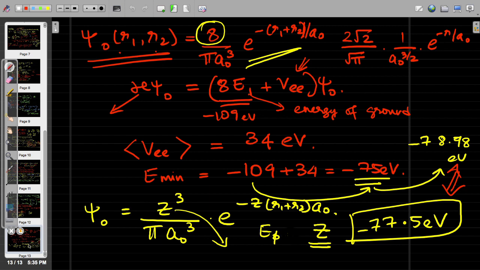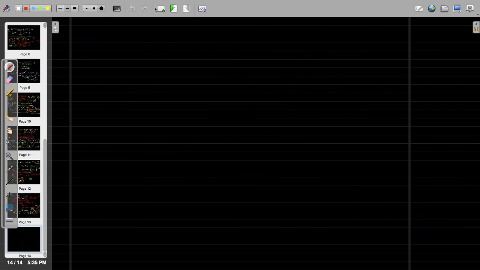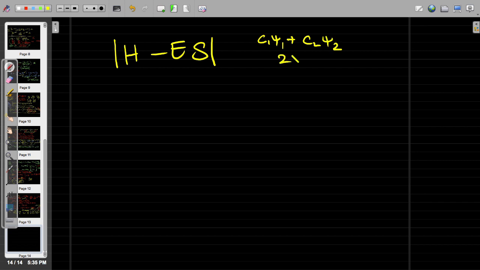This lecture goes beyond the scope of trying to understand and predict how this psi can be chosen, but overall I hope the learning objective here is satisfied, where you are able to realize there is a secular determinant that we end up getting for a two-level system where we took C1 psi 1 plus C2 psi 2, we have a 2 by 2 matrix.